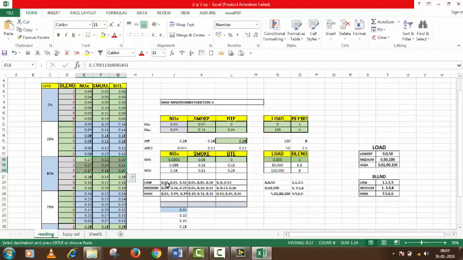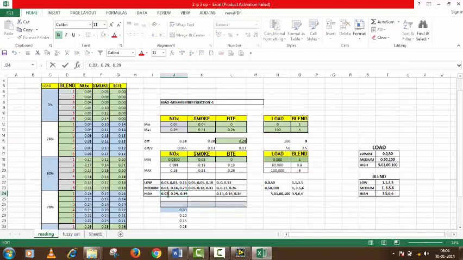0.04 comes under low also, and medium also. Medium starts from 0.013 to 0.29. So 0.04 lies in this range of 0.03 to 0.16, and also lies in the range of 0.03 to 0.29.